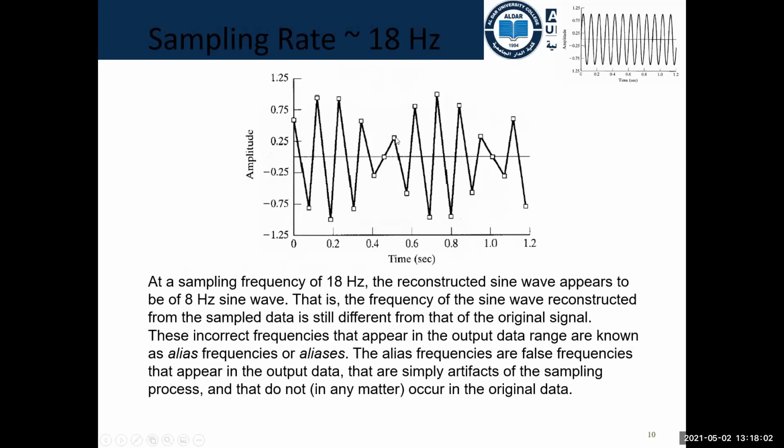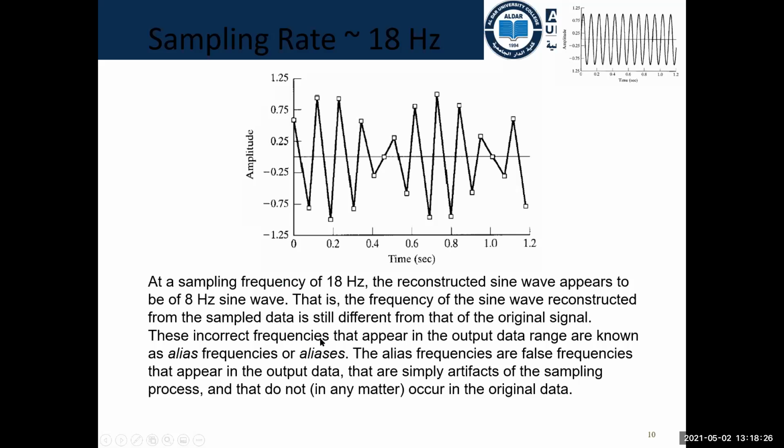Here the amplitude is lower than at the points here. So at a sampling frequency of 11 hertz, the reconstructed sine wave appears to be an 8 hertz sine wave. That is, the frequency of the sine wave reconstructed from the sampled data is different from that of the original signal.